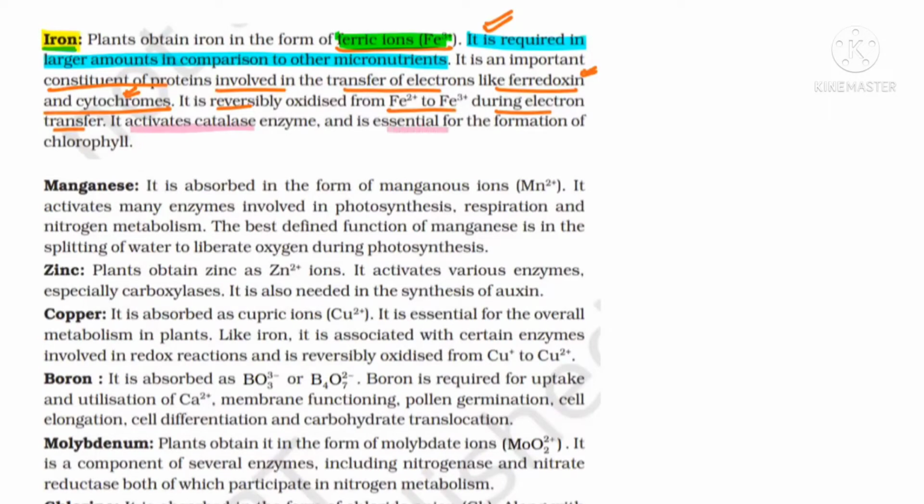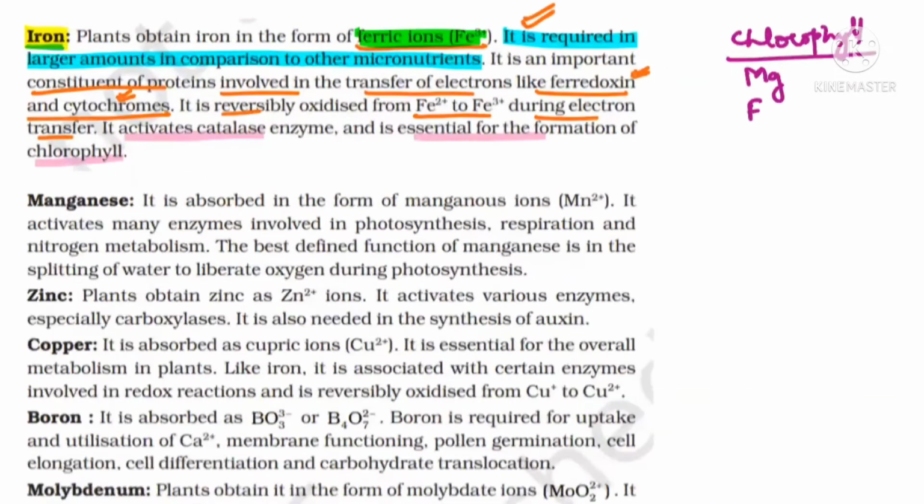And it is also essential for the formation of chlorophyll. So beta, see carefully, for chlorophyll, how many mineral ions have we studied up till here? First of all, magnesium is necessary. And second, now we are focusing, iron is necessary. Clear beta? So for chlorophyll, two mineral ions: magnesium for the center and iron essential for the formation of chlorophyll.